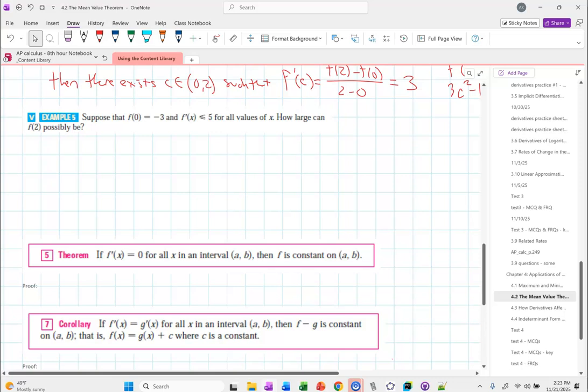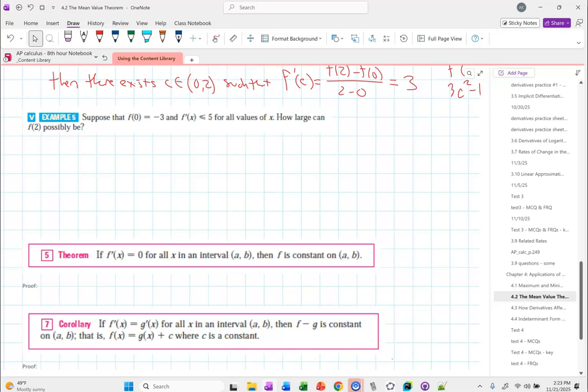Suppose that f of 0 equals negative 3, and f prime of x is less than or equal to 5 for all values of x. How large can f of 2 possibly be? Right? It's like, what do I do with this?